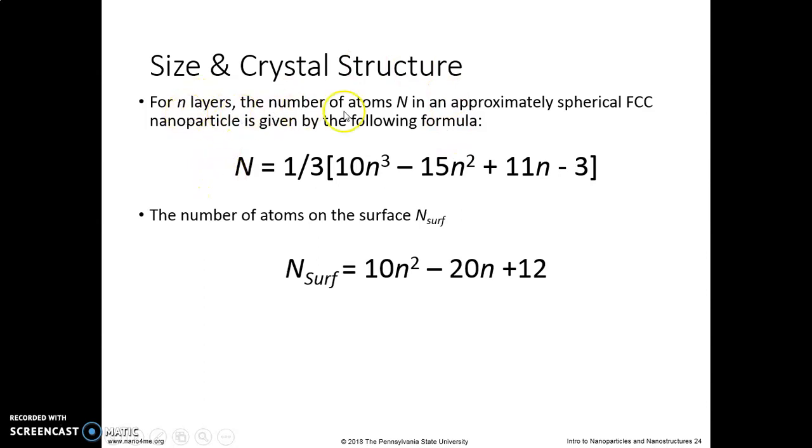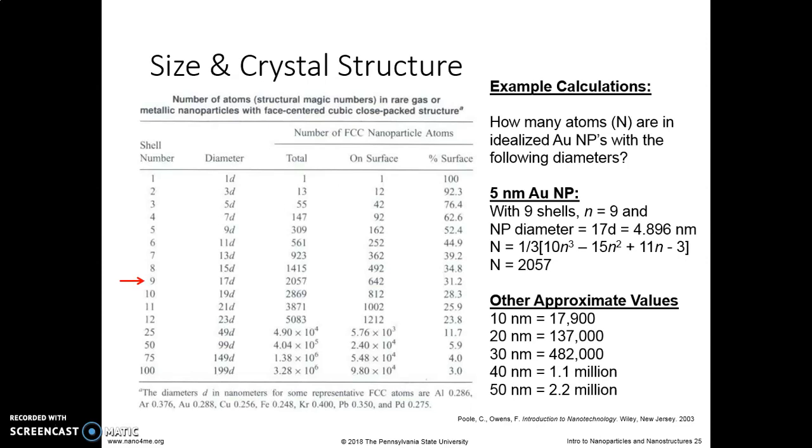For n layers, the number of atoms n in an approximately spherical FCC structure, the nanoparticle, is given by 1 by 3 of 10 n cube minus 15 n square plus 11 n minus 3. Similarly, the number of atoms on the surface of the n-shell is 10 n square minus 20 n plus 12. Based on this we can easily find the number of surface atoms.